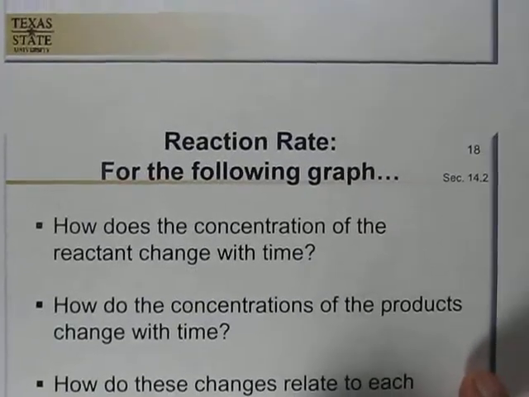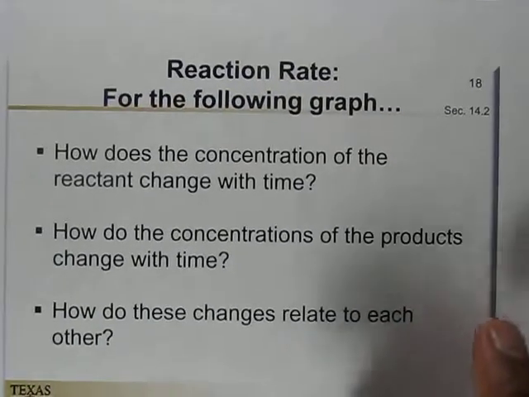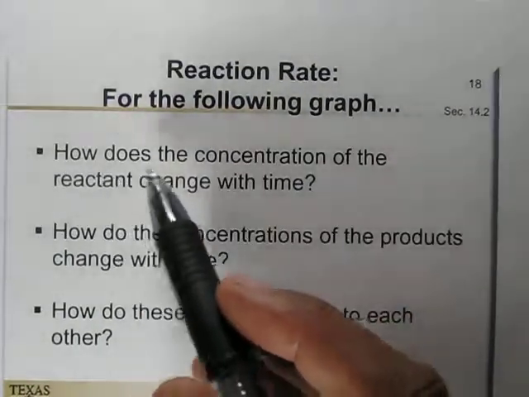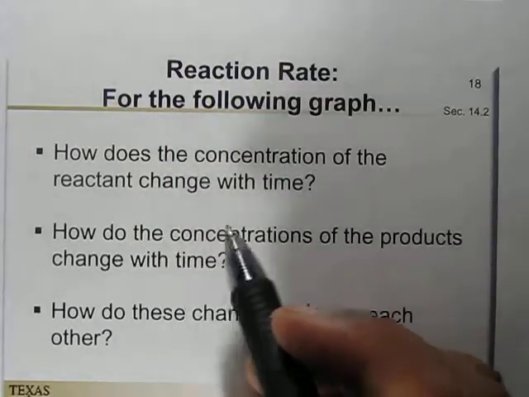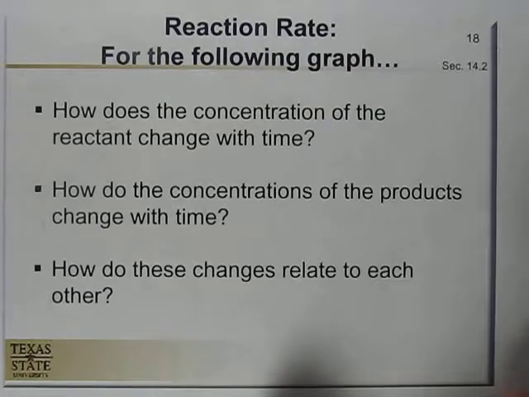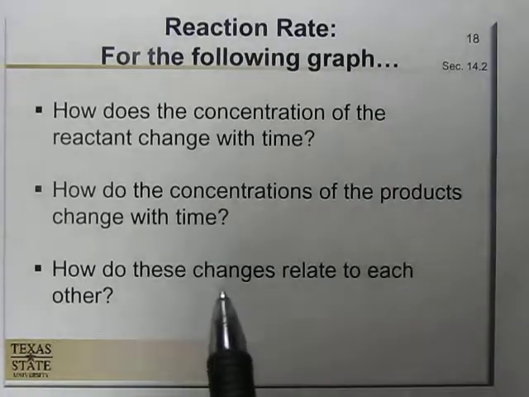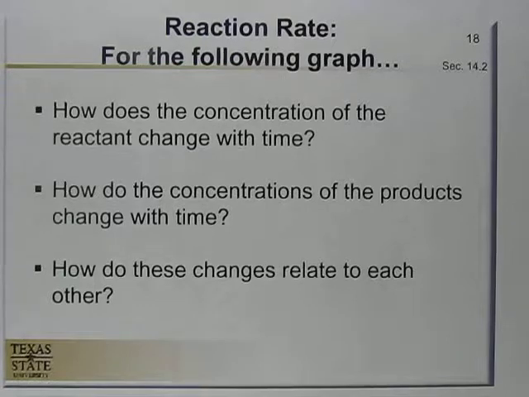So here we can summarize this concept in the form of a graph also. Regarding the reaction rate for the following graph: how does the concentration of the reactant change with time, how does the concentration of the product change with time, and how do these changes relate to each other?